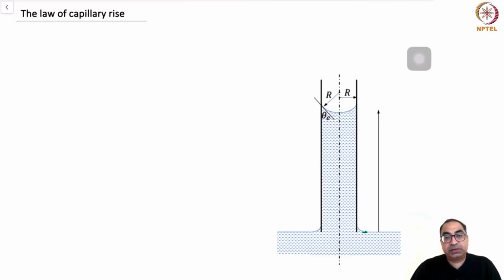We'll now be looking at the problem of capillary rise in tubes and between plates. This is a historically very important problem in the field of capillarity. When one mentions capillarity and surface tension, the first problem that comes to most people's mind is the capillary rise in tubes.